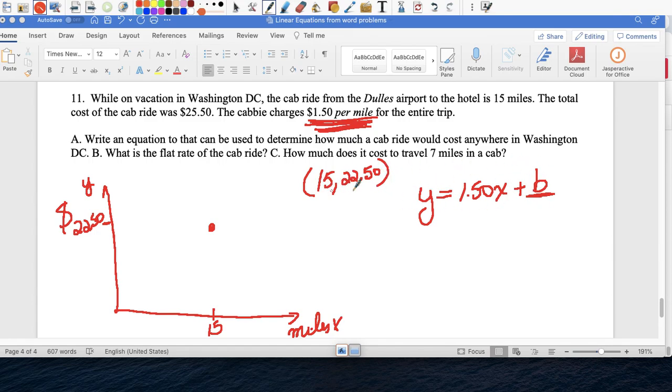Let's use this point right here. 22.50. On his trip from the hotel to the airport, it was 1.50 times 15 because that's the price per mile, right? So 22.50. Let's multiply 1.50 times 15. We get 22.50. Oh, look at that.